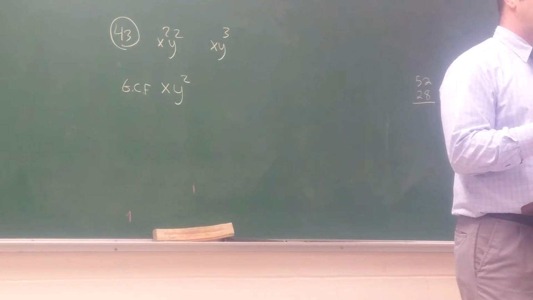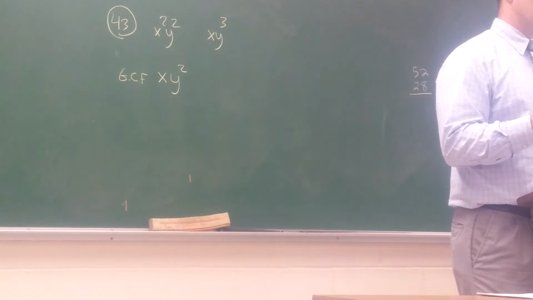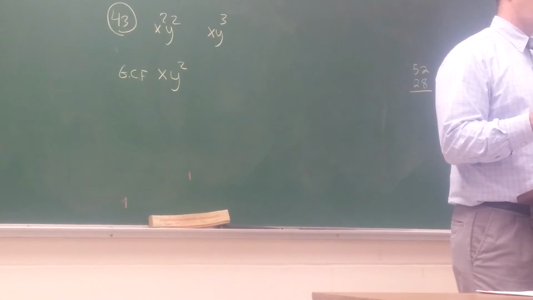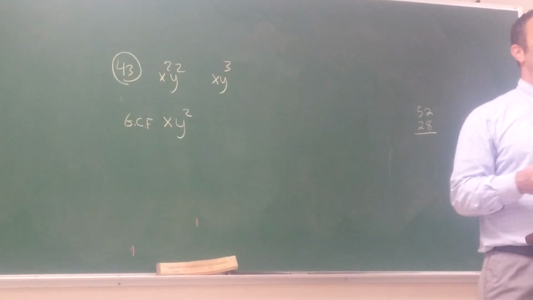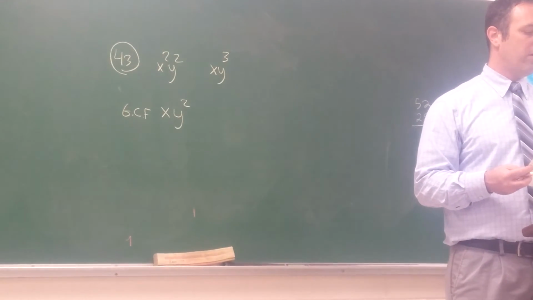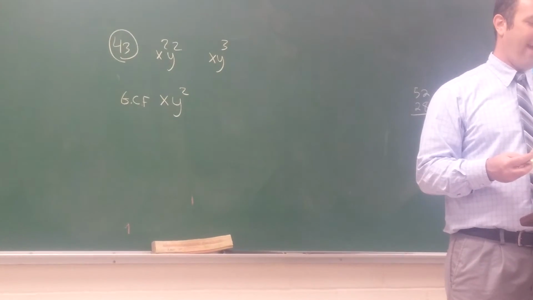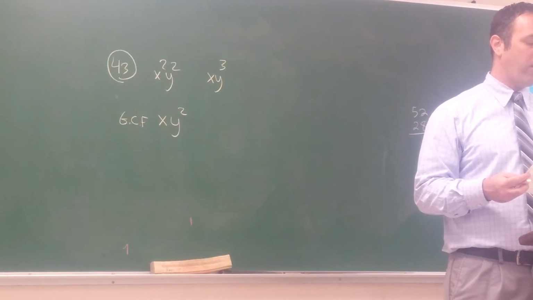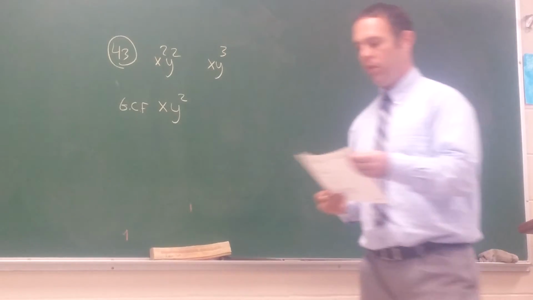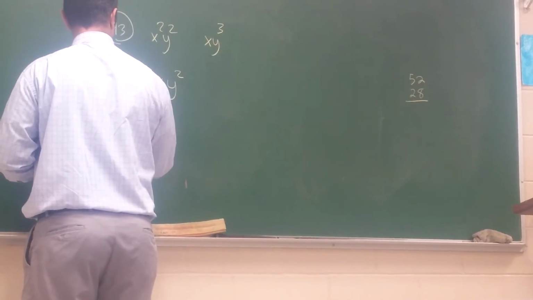Radii is the plural form of radius. So the ratio of two radii, or the radiuses, is 4 to 9. What is the ratio of their circumference? Now, the formula for circumference is 2 pi r.